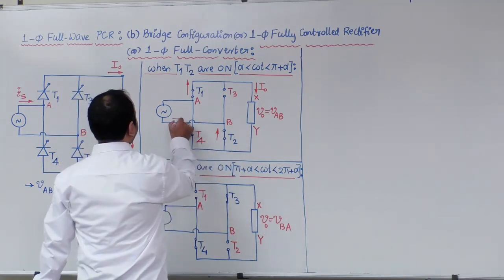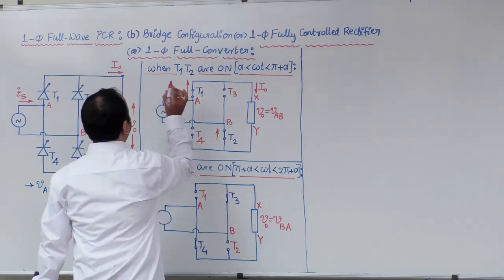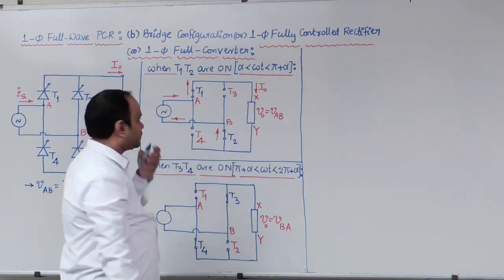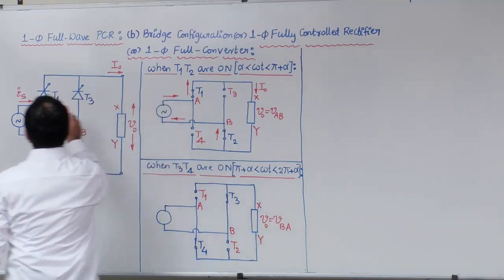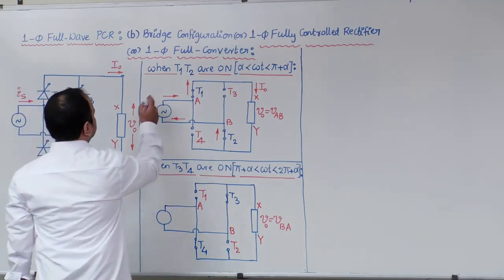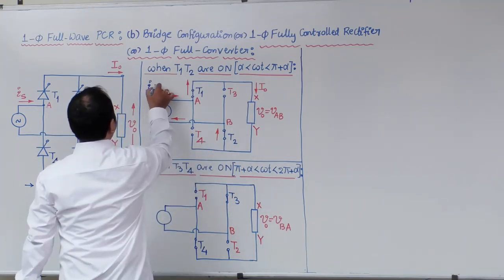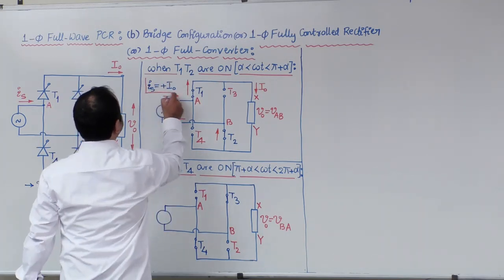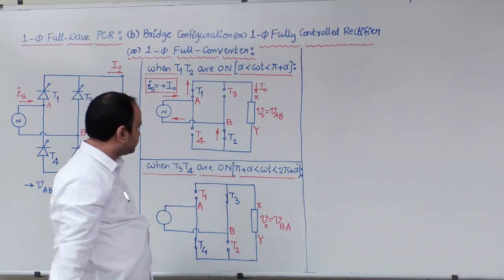In that direction, if you complete this circuit, we finally get the directions of currents something like this. Observe carefully, this direction of current is the same as the source current reference direction. Therefore, in this particular interval, we can treat the source current as plus I naught, same as the load current, plus I naught.